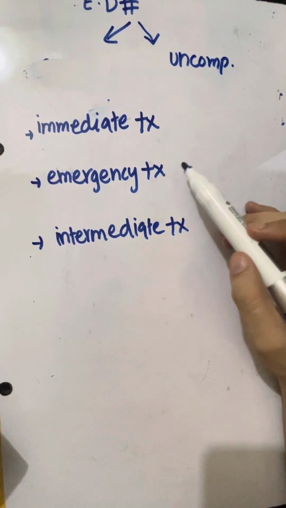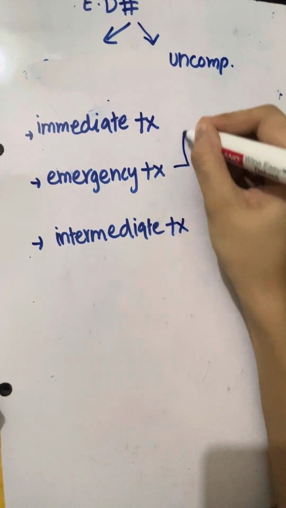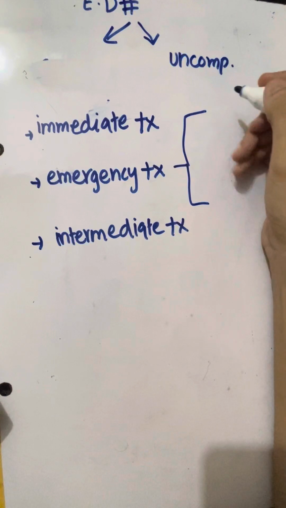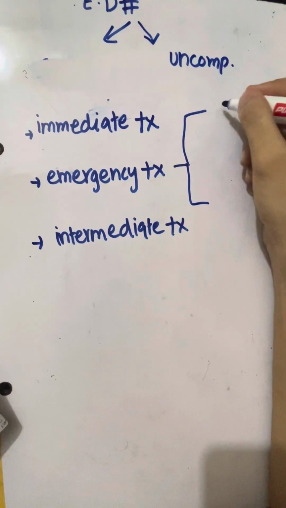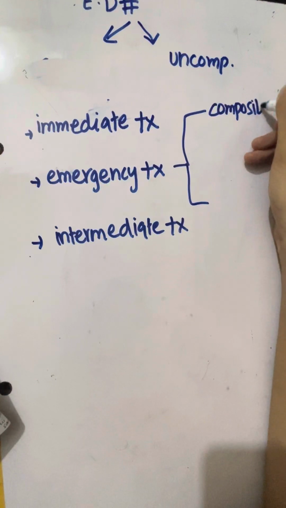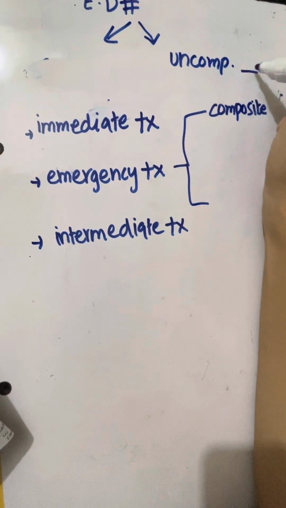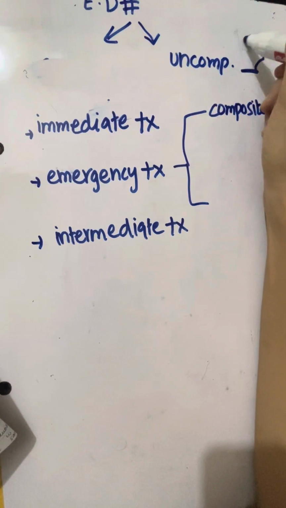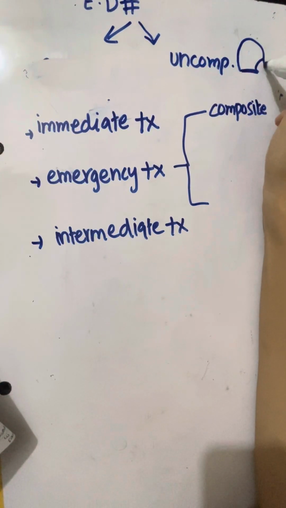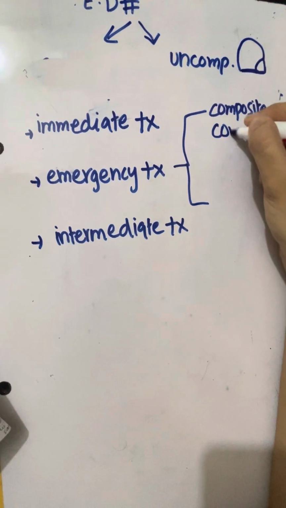And in emergency treatment, we have three options. The first is composite, because the pulp is not involved, and if there is loss of enamel and dentine, you can restore it with composite or compomer.